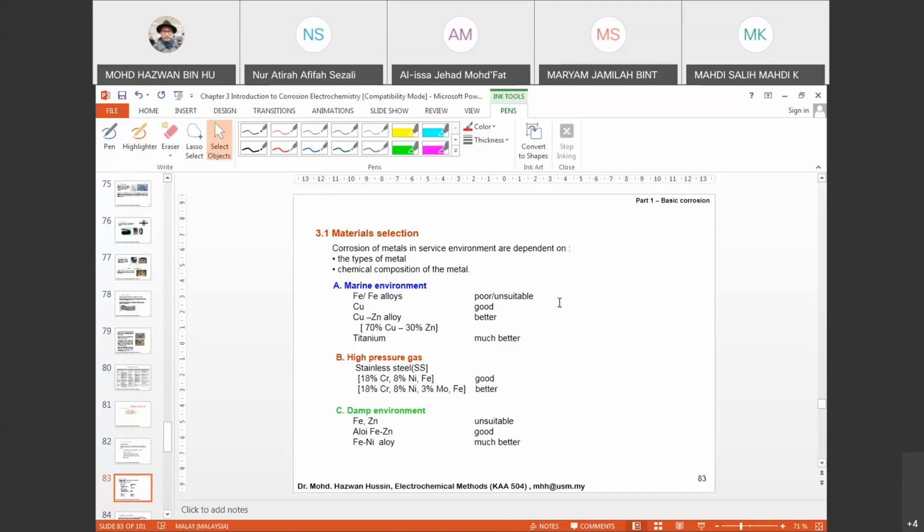If you're working in a damp environment, the most suitable ones are alloys like iron-nickel, or alloys of iron with zinc, but not pure metals like pure zinc or pure iron.